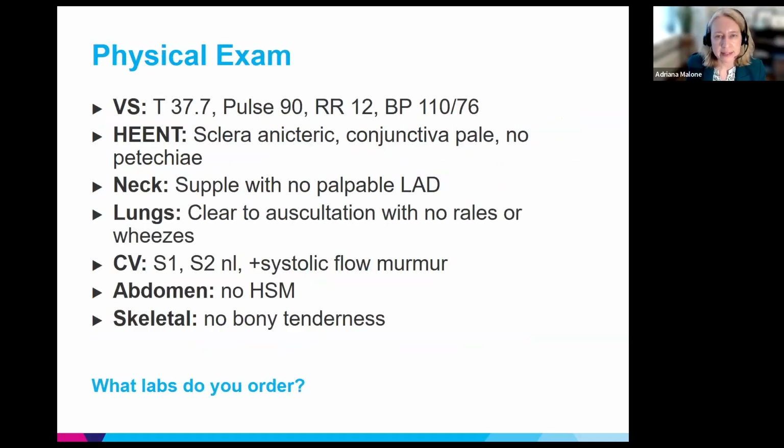So here are the findings from her physical exam. So she has pale conjunctiva, a systolic flow murmur, but no apparent lymphadenopathy, no hepatosplenomegaly.